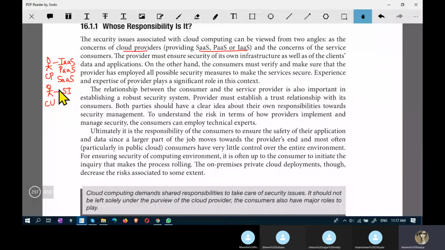Whenever it is sensitive, right? And this cloud user also would like to have their applications and their information available.